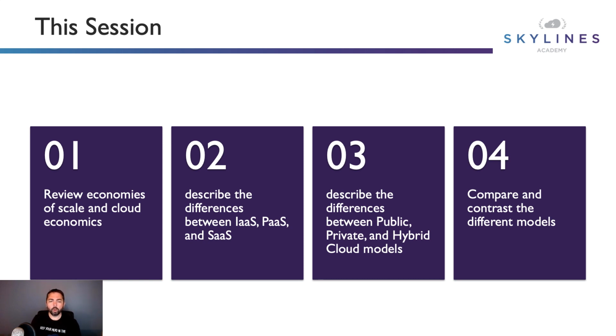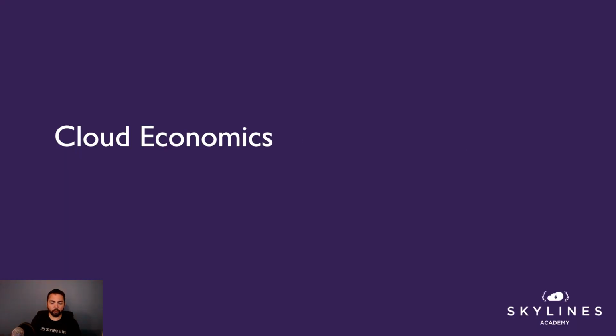Number 2, we'll describe the differences between IaaS, PaaS, and SaaS. And then number 3, describe the differences between public, private, and hybrid cloud models. And number 4, we need to compare and contrast the different models. And that is directly related. If you go and look at the AZ-900 curriculum, those are the next topics that we need to cover to keep going. So without any delay, let's begin and let's hit the cloud economics topic first of all.